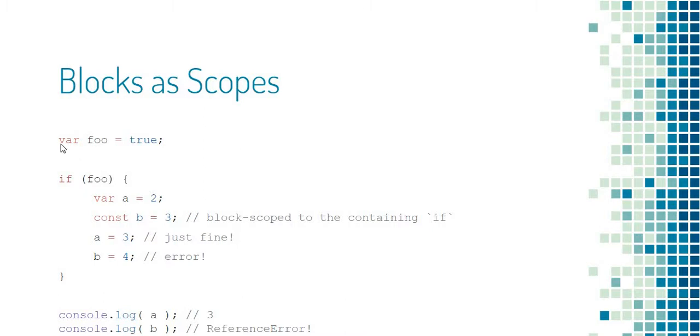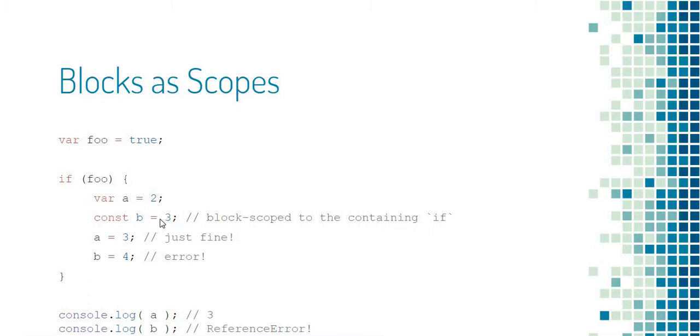So here we have a variable foo declared in a global scope, and an if block, which is executed when the expression here is true, which always is. And within this if block we have a variable a declared in the global scope using a var identifier, and we have a variable b, which is declared in the block scope using const.